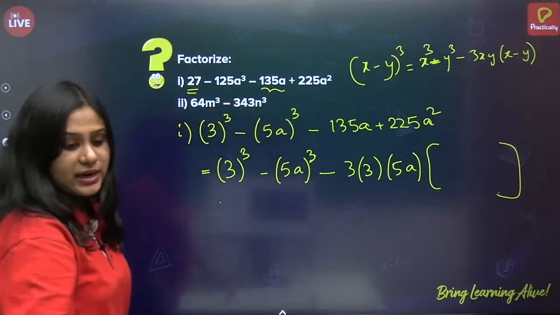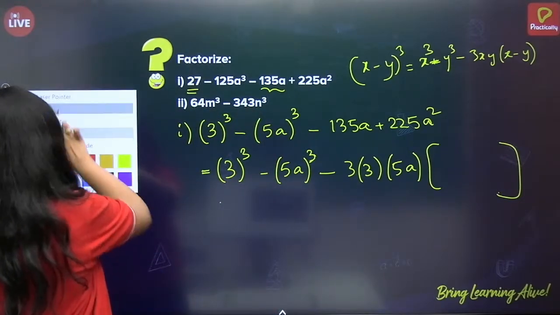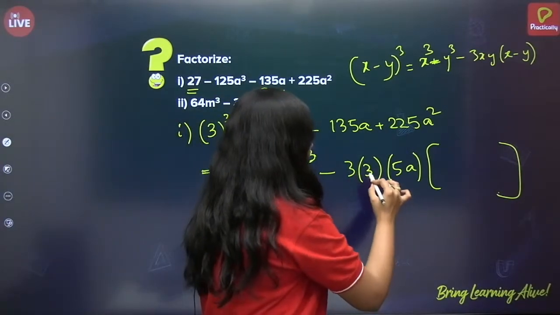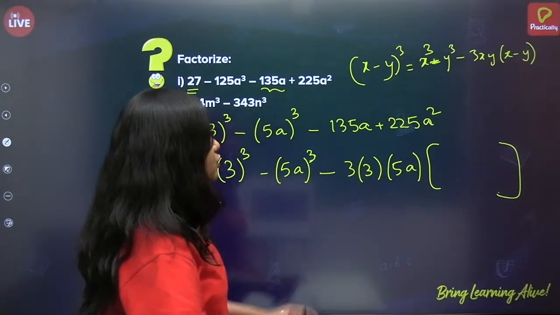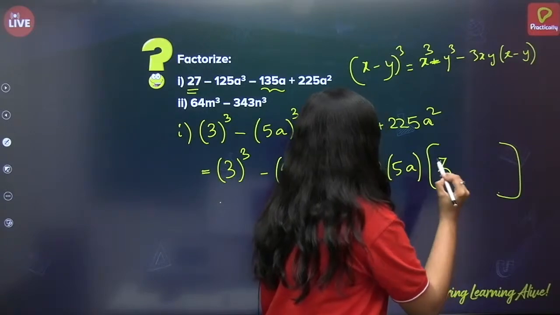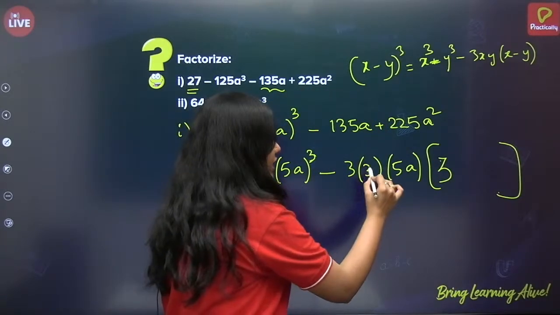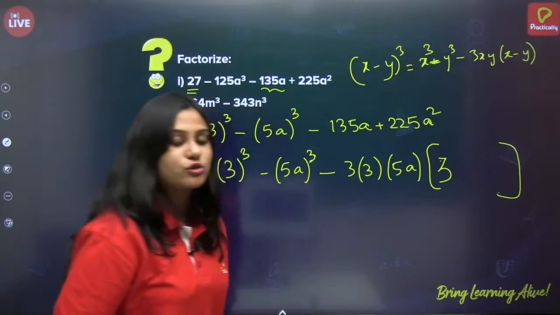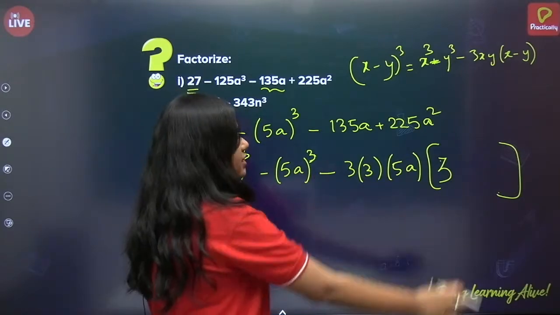Did you all understand it here? Obviously it's clear till here, correct? So 3 3s are 9, 9 5s are 45. We have to get 135a. So what does it mean? This is 3. So 3 3s are 9, 9 5s are 45, 45 into 3 is 135. So minus 135a.